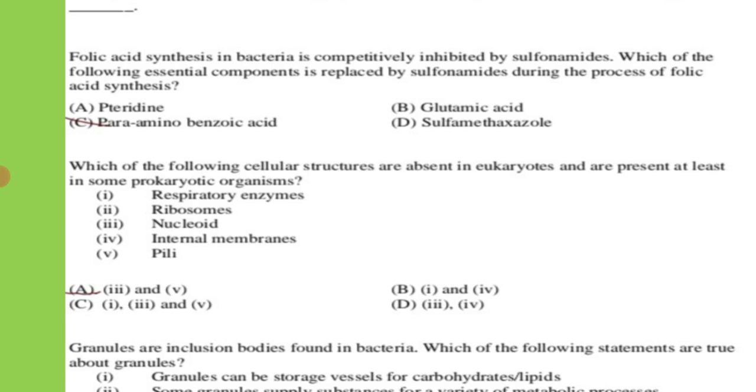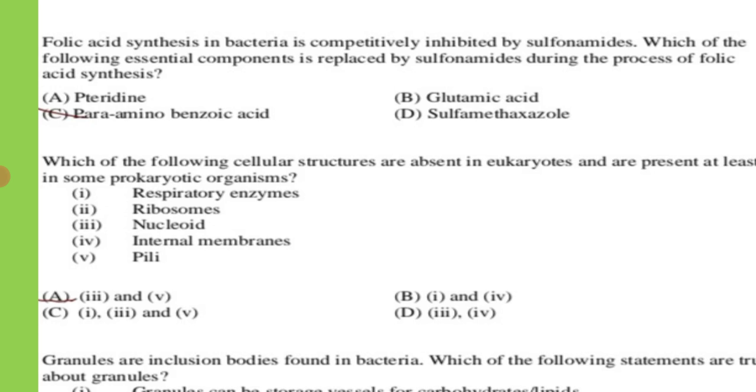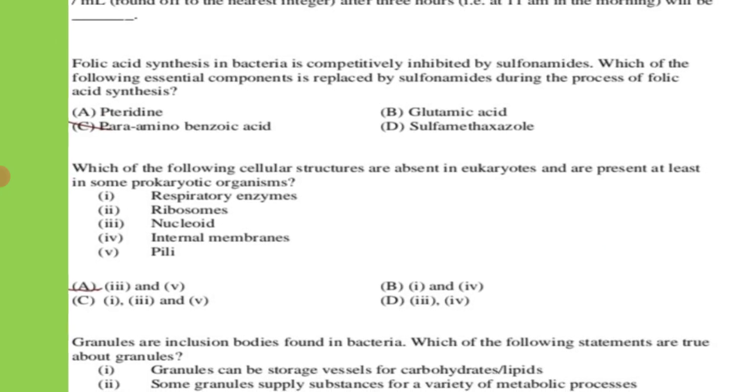Respiratory enzymes are present in the mitochondria of eukaryotic cells, and sometimes in peroxisomes, so this is not an option. Ribosomes are present in eukaryotes as well as prokaryotes, so this is not an option. Nucleoid is only present in prokaryotes, whereas it is absent in eukaryotes.